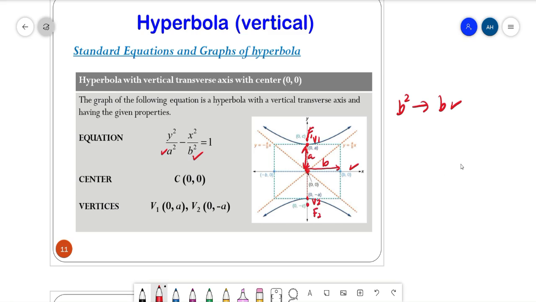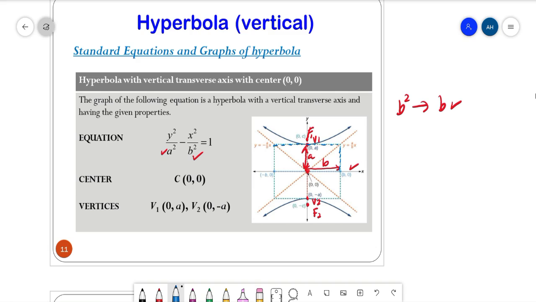In order for us to draw the asymptotes of a hyperbola, what we do is construct this rectangle, because we already know the values for a and b. Therefore we can construct this rectangle like this.